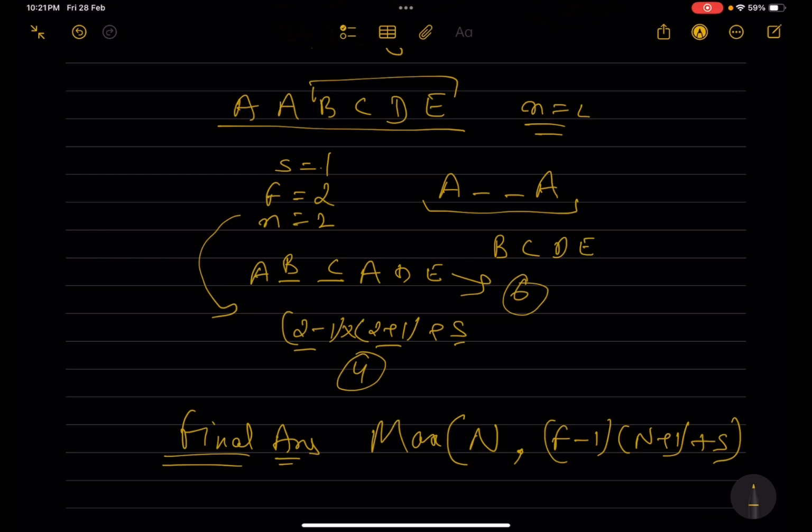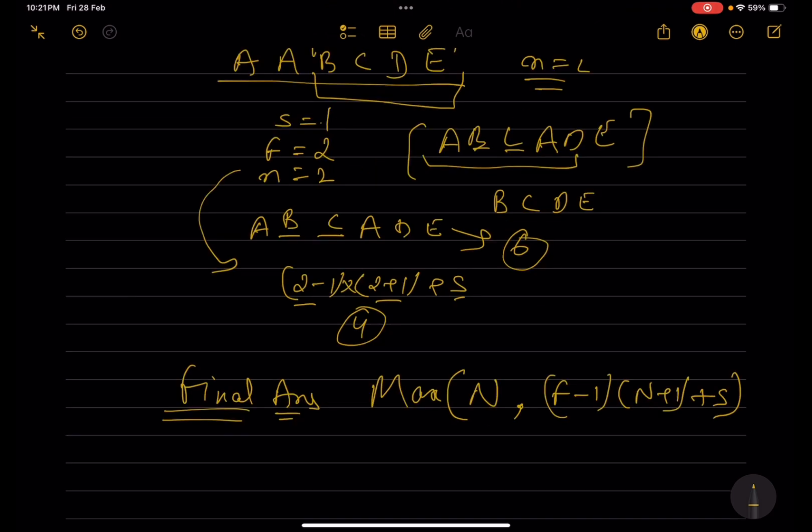But if the number of tasks are much more and they are so different that there has to be no idle time, then we have to consider that, okay, we don't need to worry about the idle time, and we can place B, C, D, E like that. So either the number of tasks which are given, we can take that much time. And when is that case? When there is no requirement of idle time.